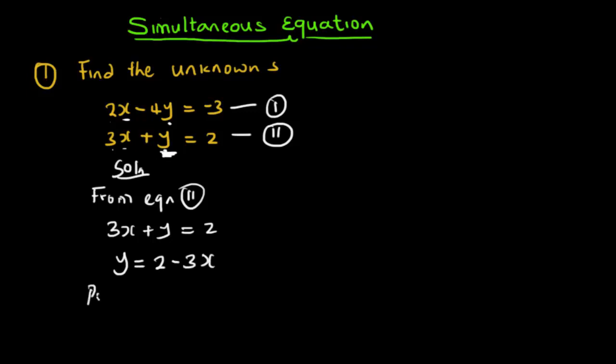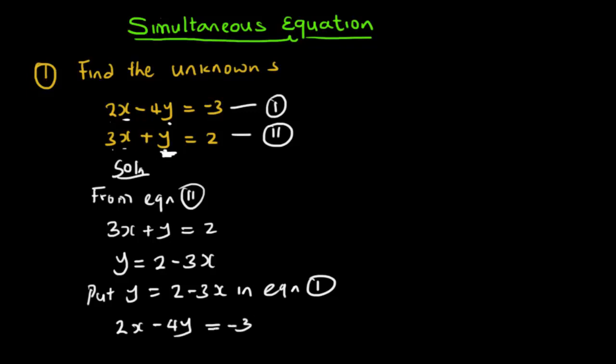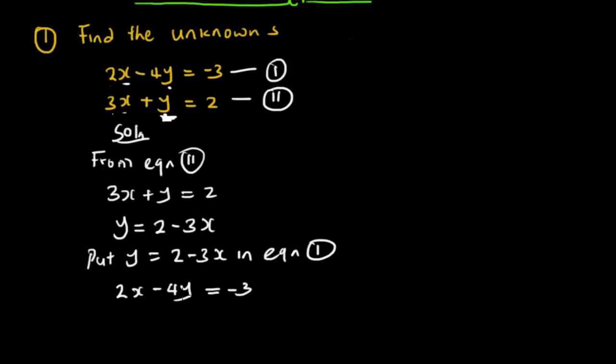Now the next step is to put y equals 2 minus 3x in the other equation, which is equation 1 in this case. So the first thing to do is to write equation 1: 2x minus 4y equals minus 3. It means anywhere I see y, I call it 2 minus 3x. So I'll be having 2x minus 4 bracket 2 minus 3x equals minus 3.